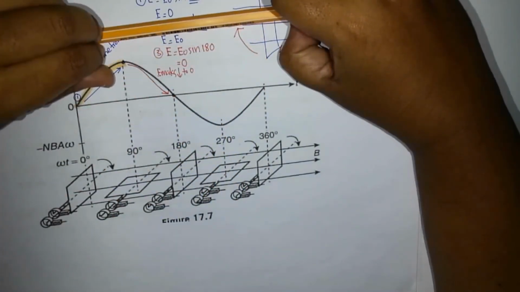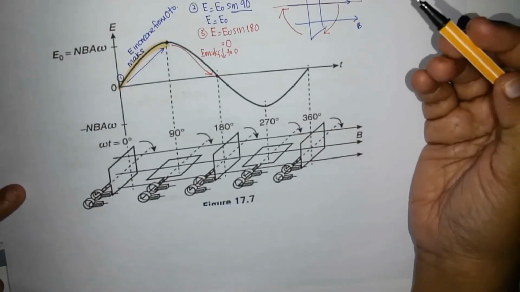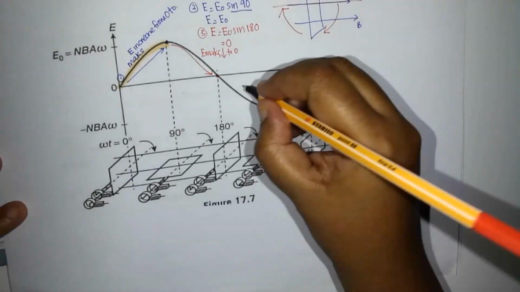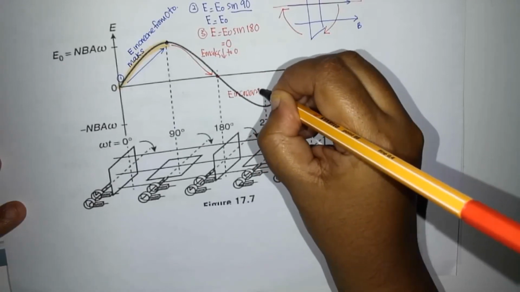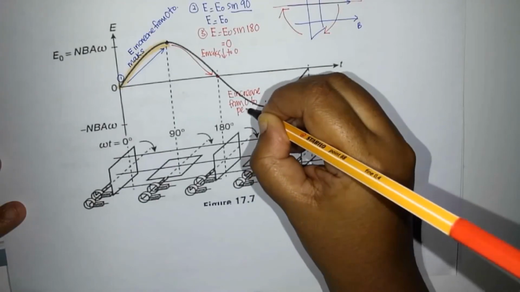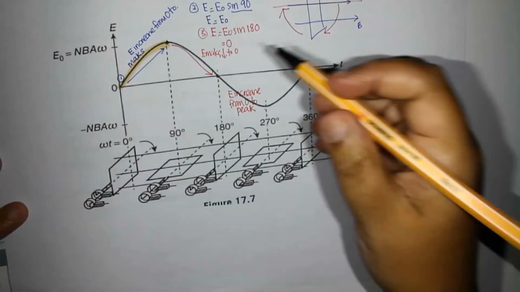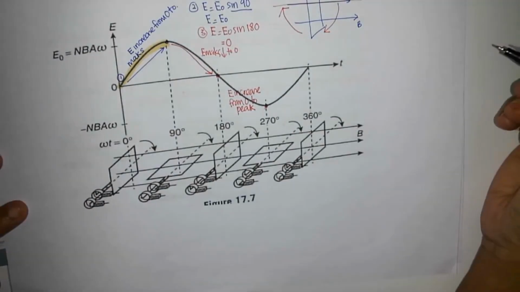When it cuts through from 180 to 270 degrees, you realize that the EMF increases from 0 to peak. From 0 to peak, it increases. This is the peak.